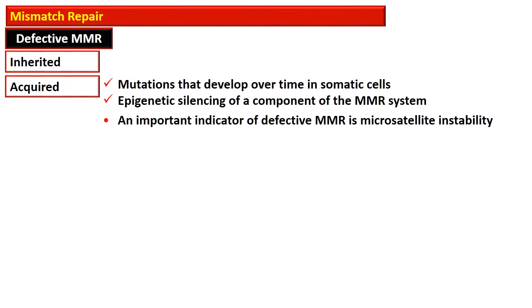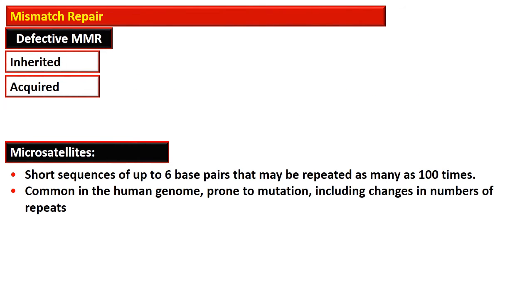The defective mismatch repair system can be inherited, or it can be defective through acquired mutation that develops over time in somatic cells, or through epigenetic silencing of a component of the mismatch repair system. An important indicator of this defective system is microsatellite instability.